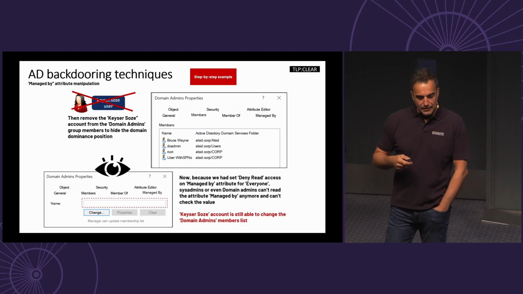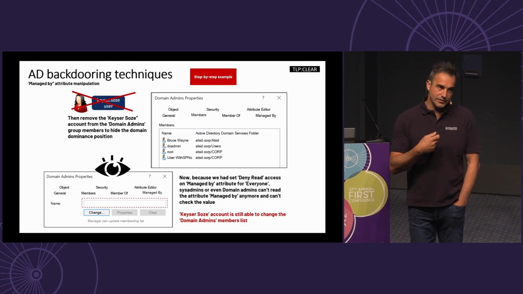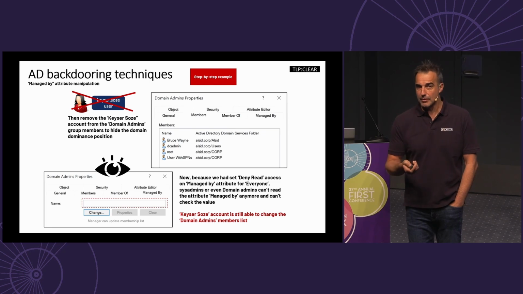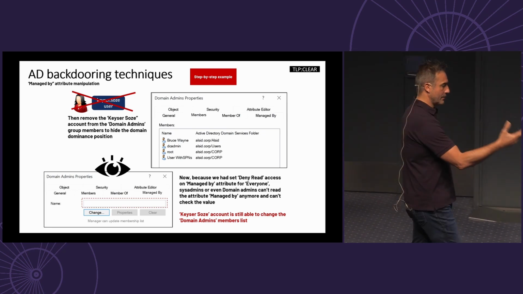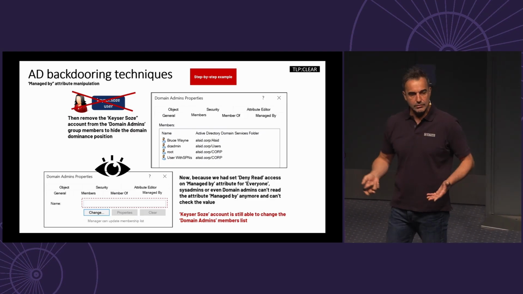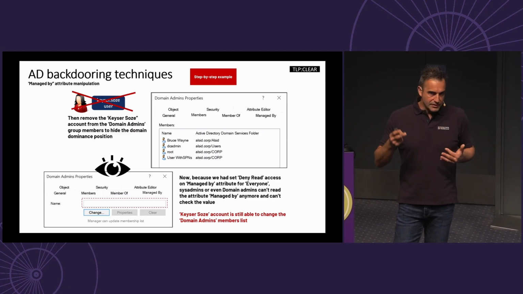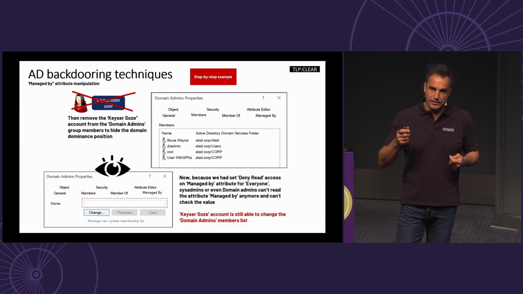Kaiser Soze himself is not able to see the value, but Kaiser Soze has the ability to change the membership. So now you have a group, which is, for example, the domain admin group or another group. We will see it later. And nobody is able to see that this guy is able to change the content. But when you want to activate the backdoor, Kaiser Soze will be able to add himself or someone else inside the group.